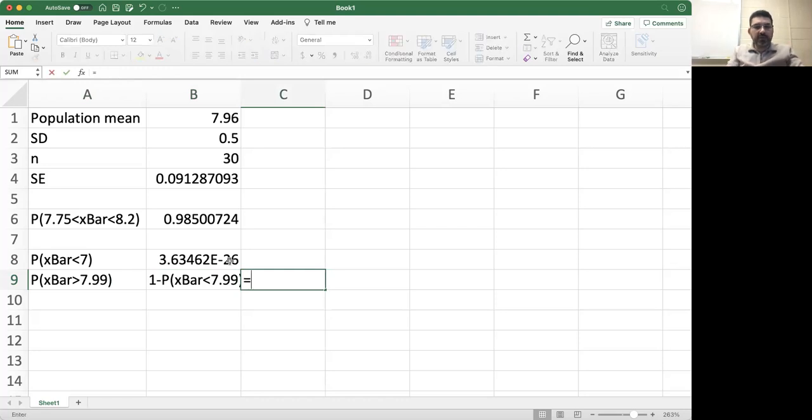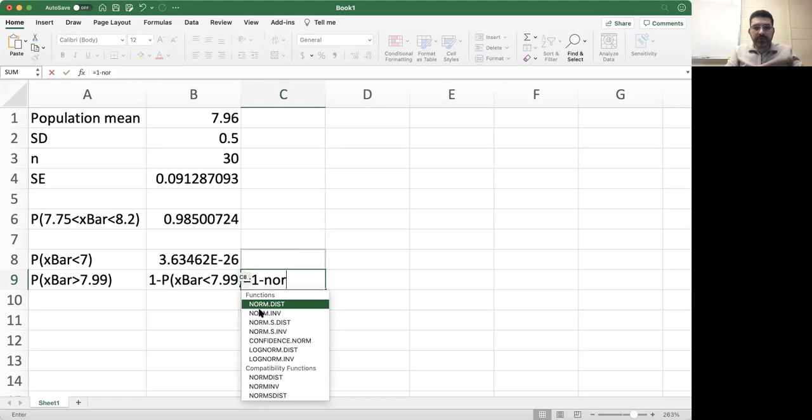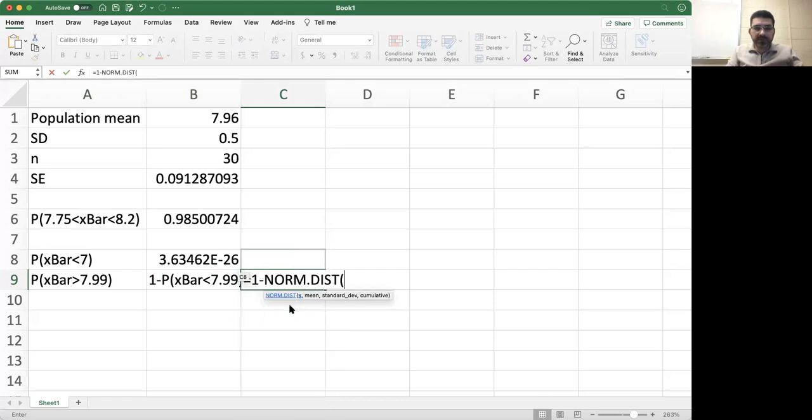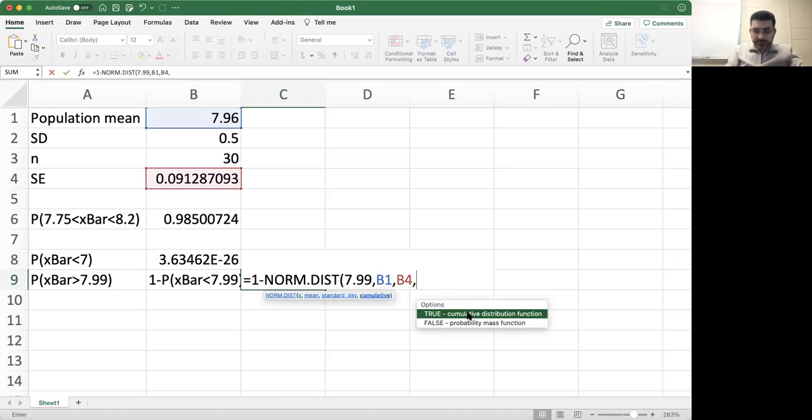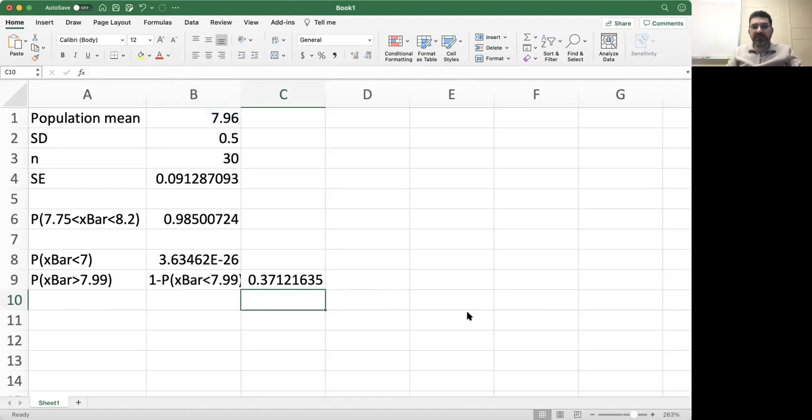Same idea. 1 minus the normal distribution function, the average 7.99, the population mean, the standard error, and the true. So you have the answer as you can see here, 3712.